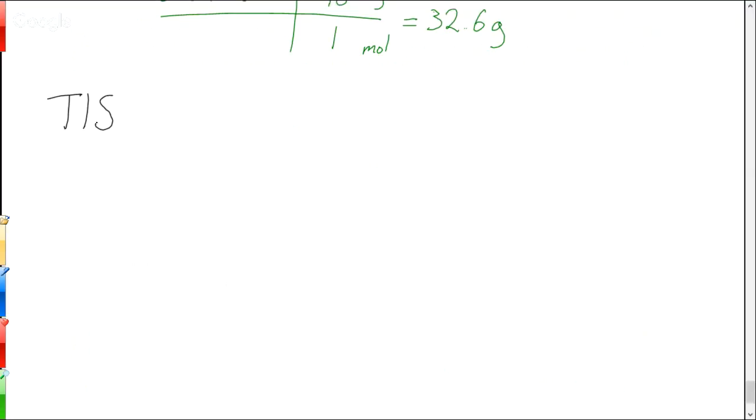Ti is titanium, Tl is thallium. Let's also do P2O5. I think we did this one before, but that's okay. All right, so let's do these three. Write the names.